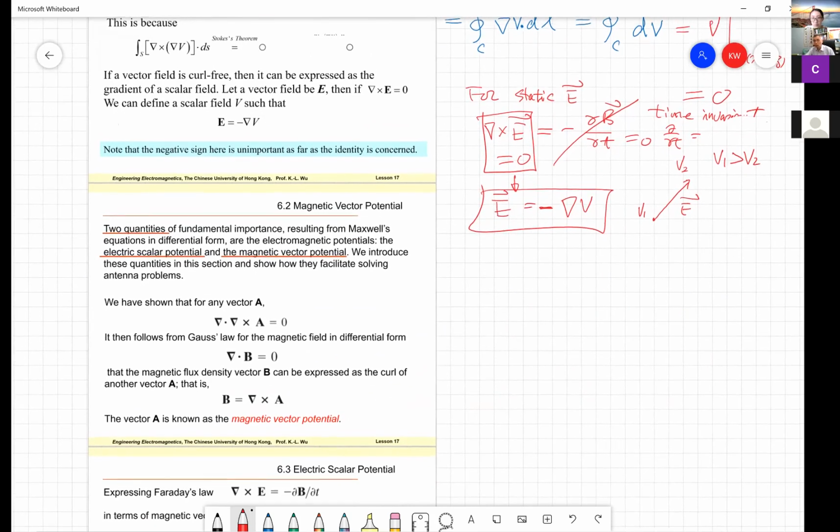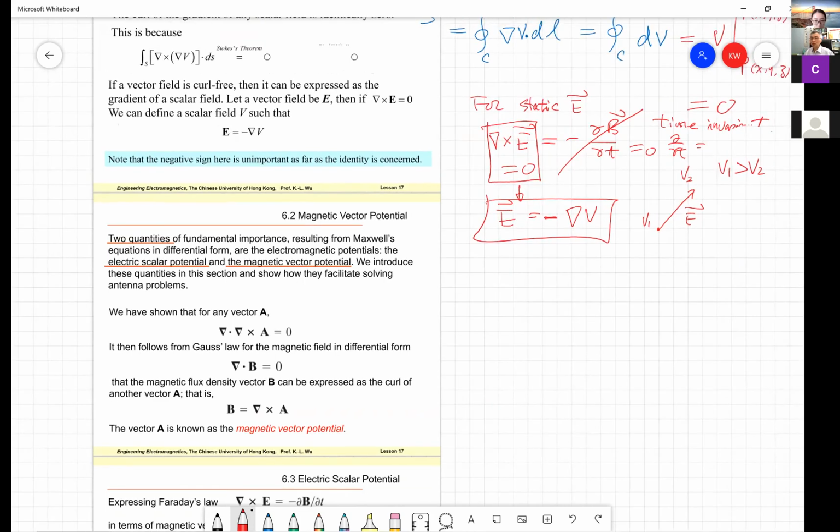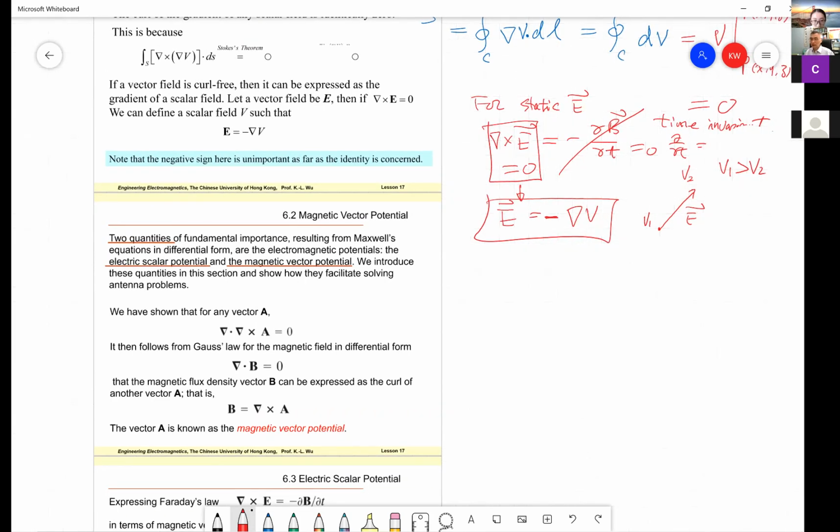So that is one useful vector identity. Now let's look at another useful vector identity. Actually we already learned this: if we take the curl of a vector field, its divergence is constantly equal to 0.